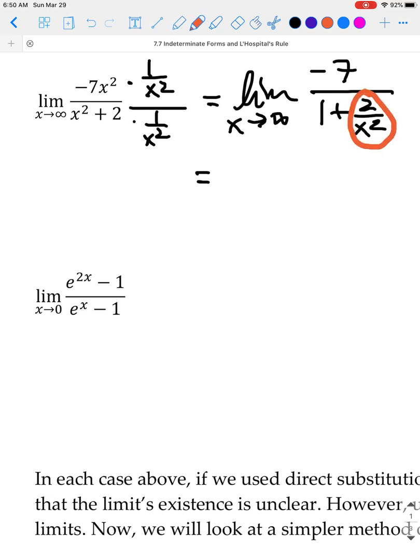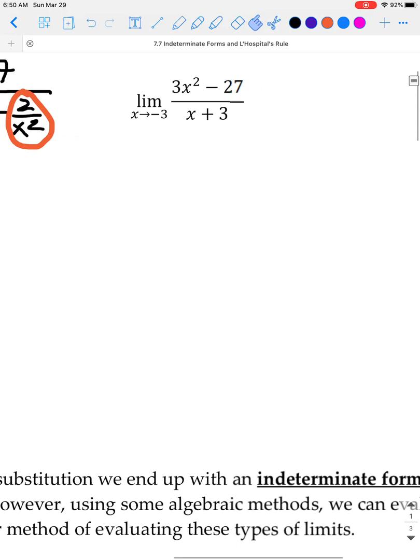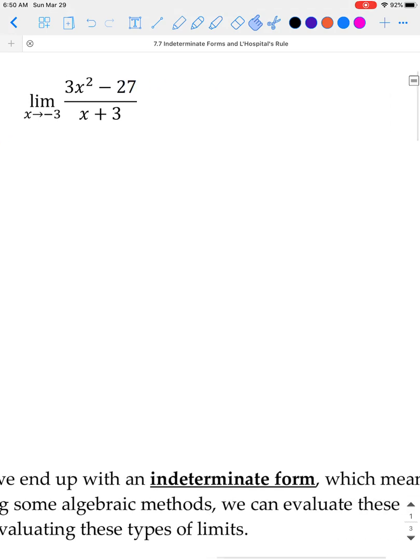As x goes to infinity, 2 over x squared goes to 0, and we'll end up with -7 over 1. This is the more formal way of writing the work, but -7 is obviously the limit here.